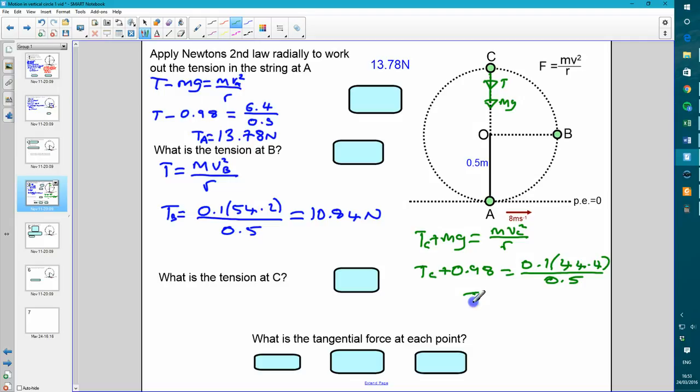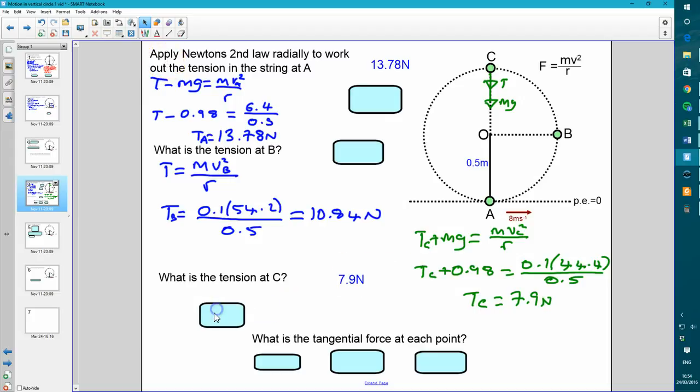So that's telling me the tension at C is equal to 7.9 newtons. Okay, we'll just check to see whether that's right, and it's in fact 7.9 newtons.